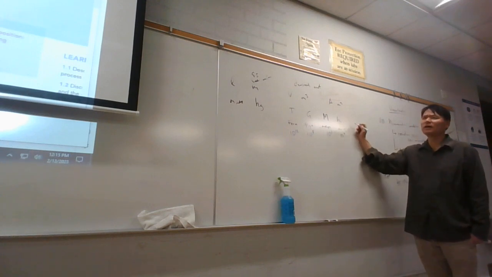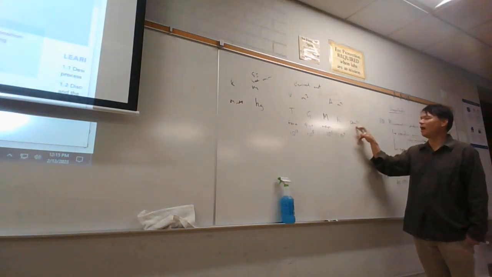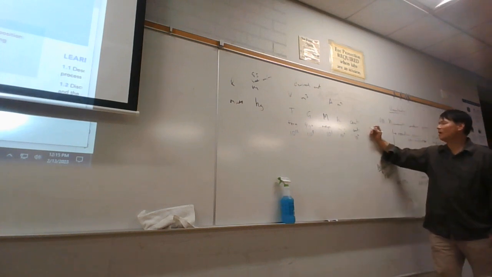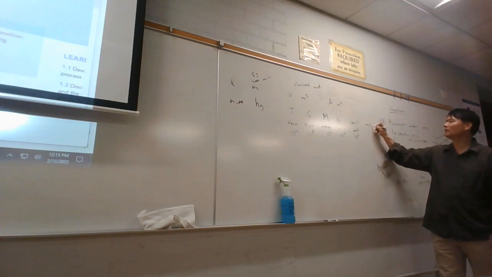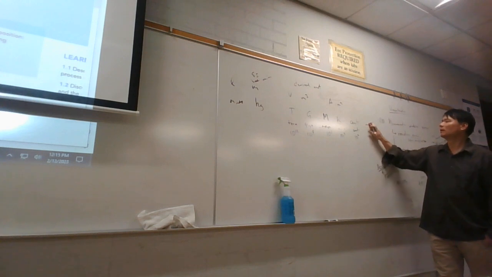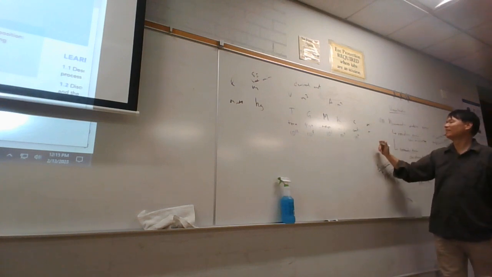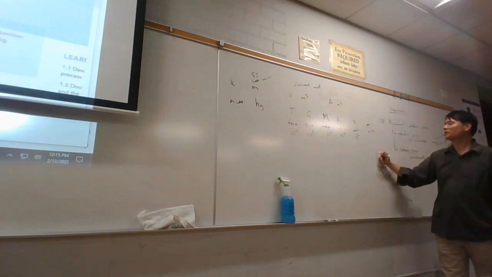We need, what else? Centi. Centi is a little bit off because this is 10 squared, 100. And then let's go smaller. We need milli, which is 10 to the minus 3.